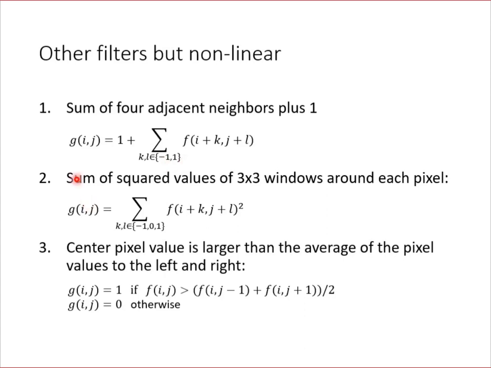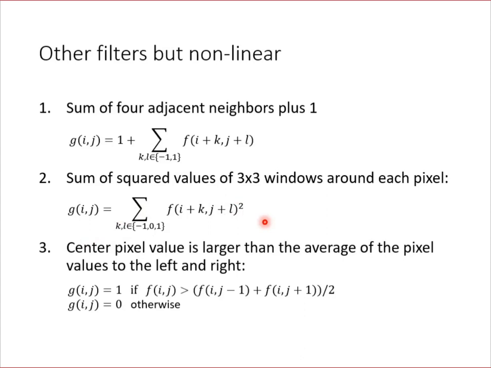And for the second filter, you sum the squared values over the 3x3 window. K means the shift within the 3x3 window, so it can be -1, 0, or +1. Add it to the original coordinate i and j, then calculate the square and sum them up. This is also a filter, but it is not linear because this is a square term, right?